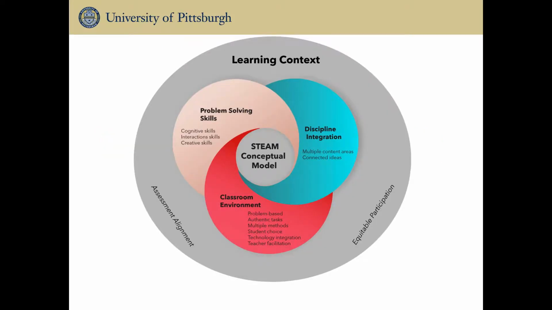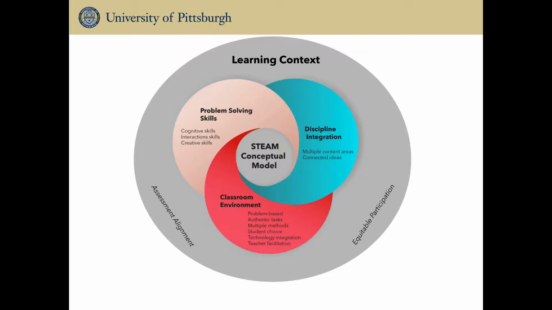I'm going to refer back to this STEAM conceptual model that we looked at deeply in the first course. The reason is that when we think about the learning context of problem-solving skills and discipline integration, these are really important components of transdisciplinary thinking. So we're thinking about discipline integration across multiple content areas and the ways in which those ideas are connected.